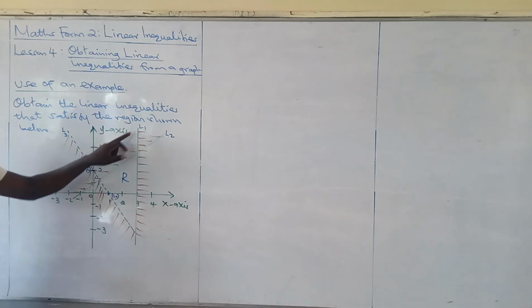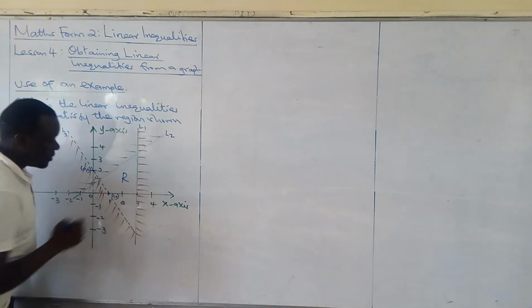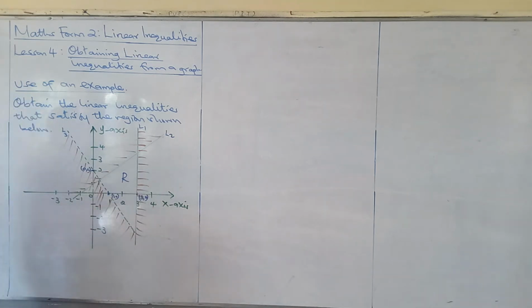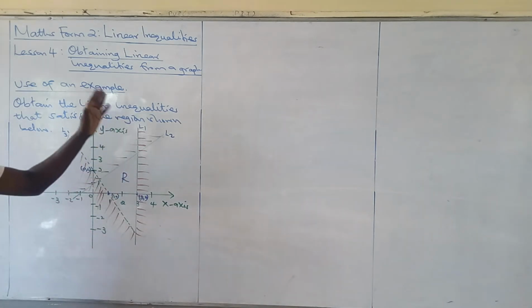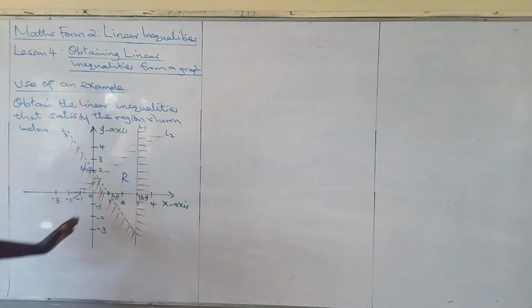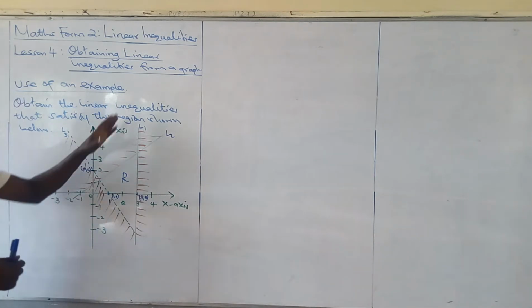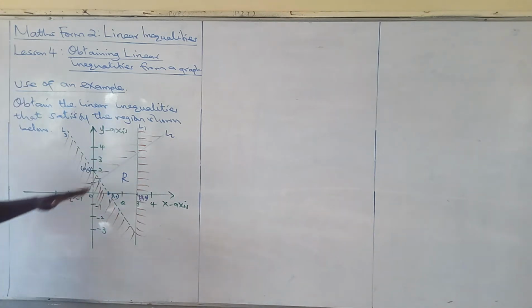Line 1 is passing through this given point, which is 3, 0. Being a line that is parallel to the y-axis, we can easily state its equation. So we don't have a problem with L1. So let's identify 2 points through which L2 passes.